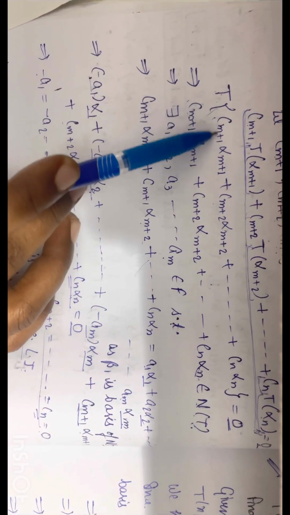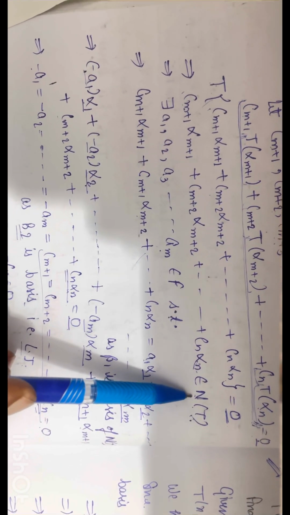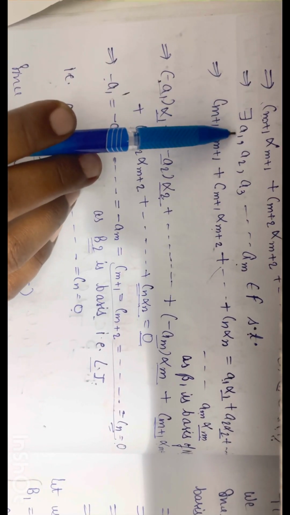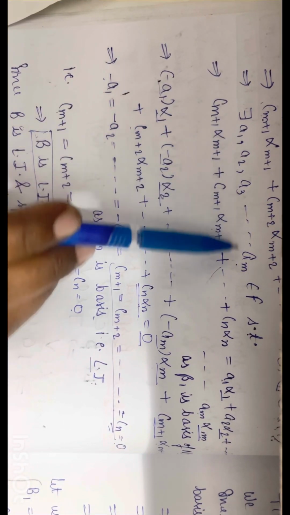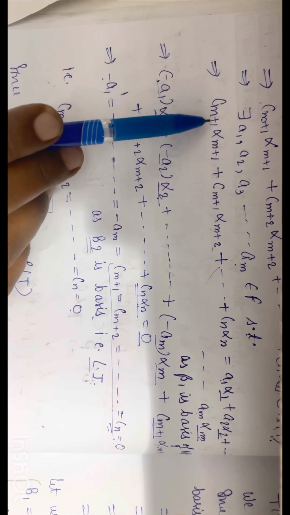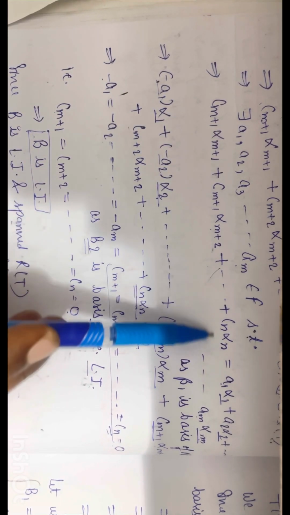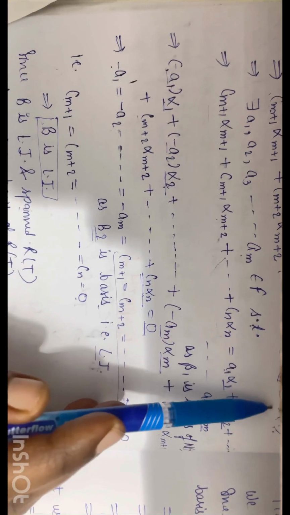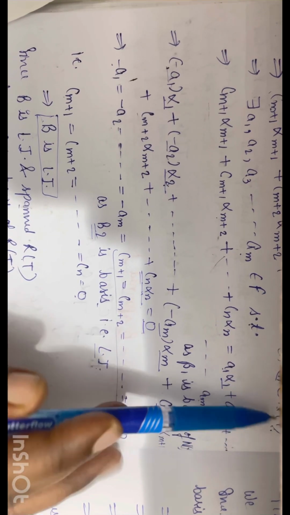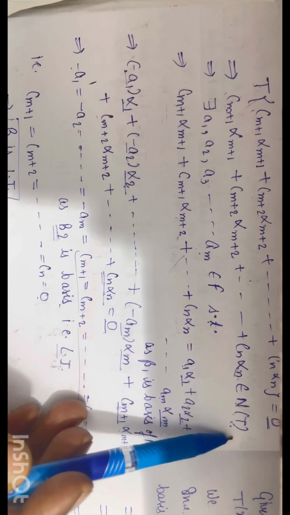Here the image of this element is 0, so this element will belong to the null space of T. Let there exist A1, A2, A3, Am be the scalars of field F. Now Cm plus 1, alpha m plus 1, this element is belonging to the null space of T.